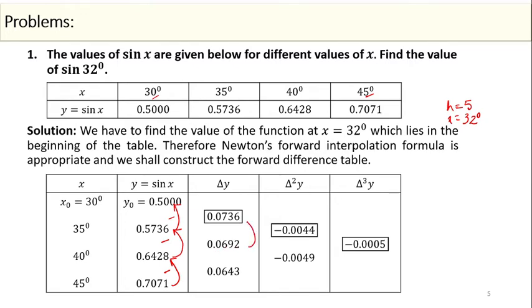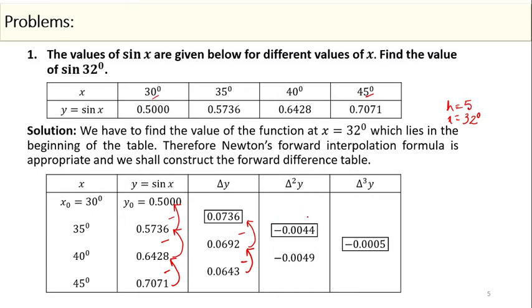So 0.0692 minus 0.0736 is minus 0.0044. And now subtract 0.0692 from 0.0643. That is 0.0643 minus 0.0692 is minus 0.0049.